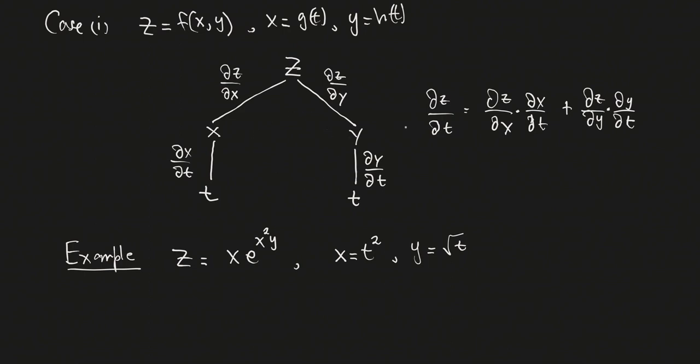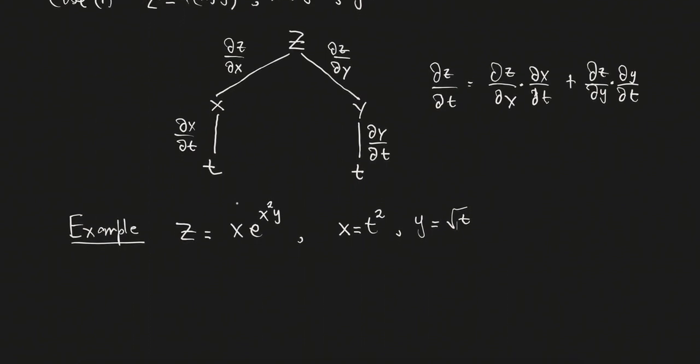What I will do is the first method that I'll show you is using this particular rule. And we can even set up our tree diagram and actually put the different partial derivatives on each branch, and I'll show you how it all comes together.